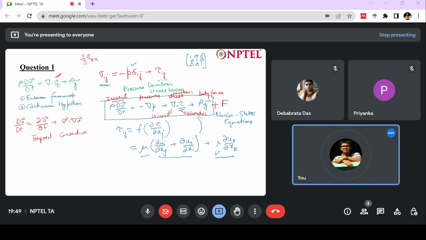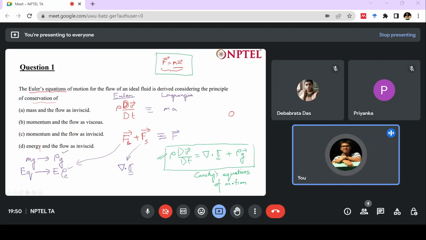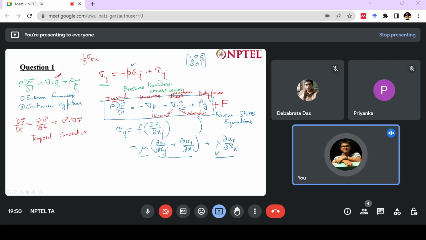Okay, so now let's move to what is asked here: Euler's equation. Till now we have just talked about the Navier-Stokes equation. This is a generic equation of motion, and we are studying equations of motion here.